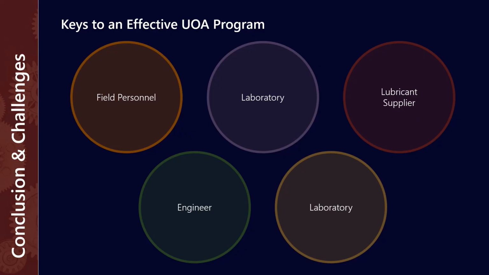Where we really want to get to is a position where the field personnel and the engineer have a good enough understanding of lubricant chemistry that they can interpret used oil analysis results and understand how the additives might be working in the application.